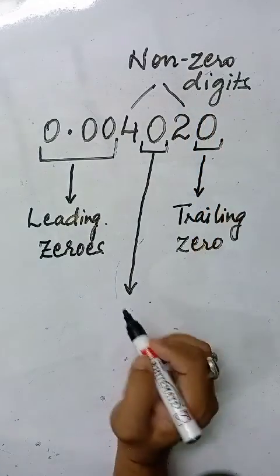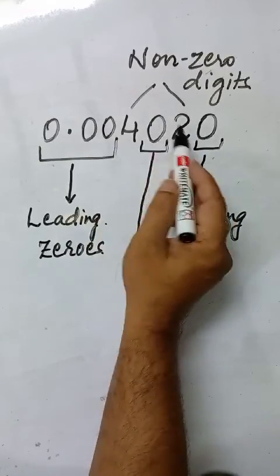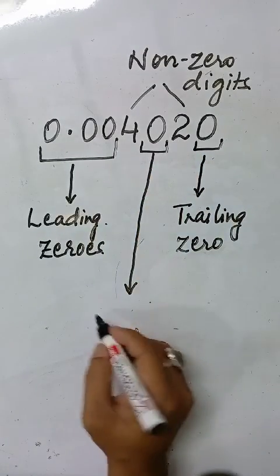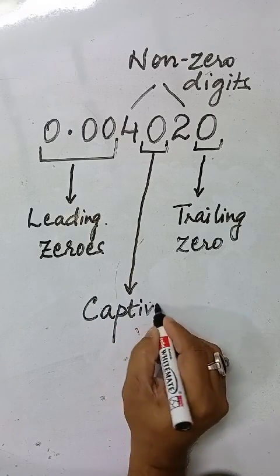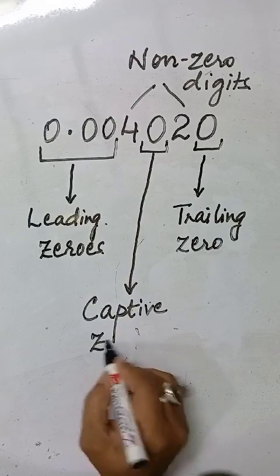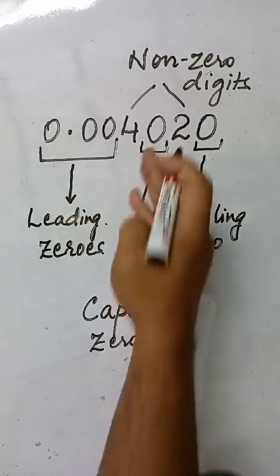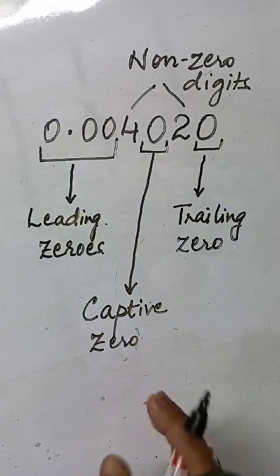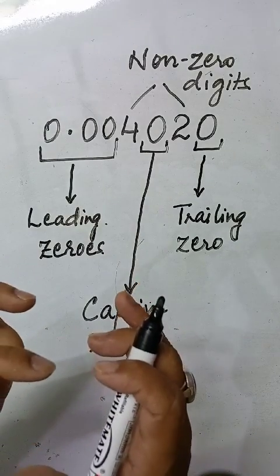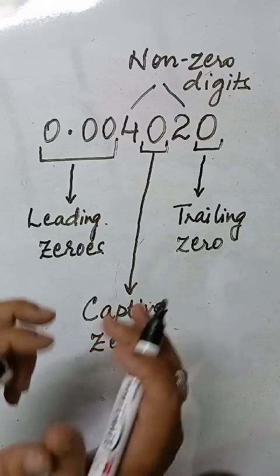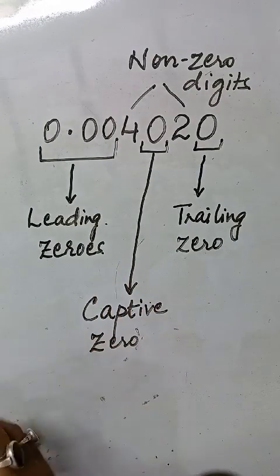You can see that these are what we call non-zero digits. There is a zero which is coming in between the two non-zero digits. Such zeros are known as captive zeros. In this case it is only one, so I'll write captive zero. Captive means that somebody is holding someone in a fixed place, capturing something and not allowing it to move anywhere.